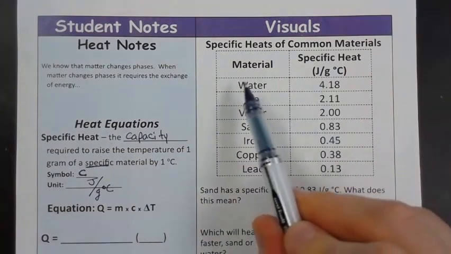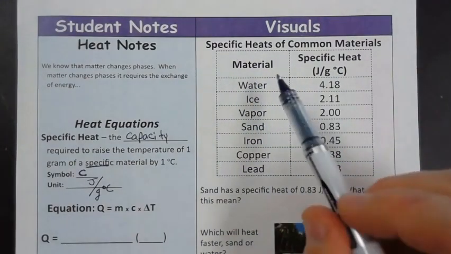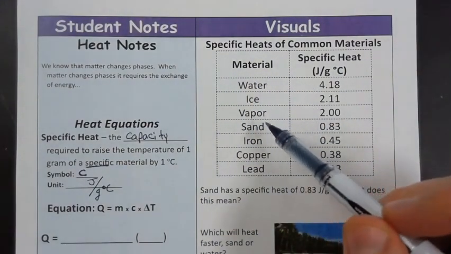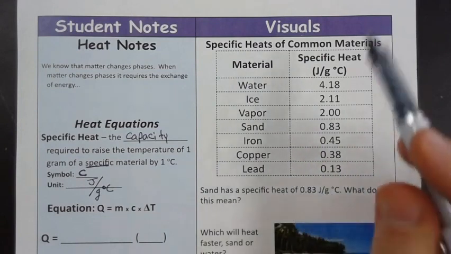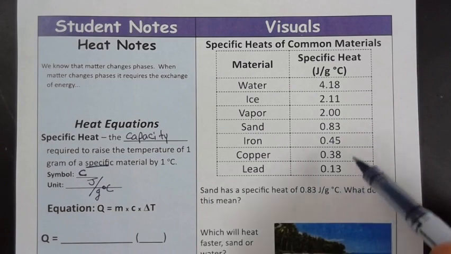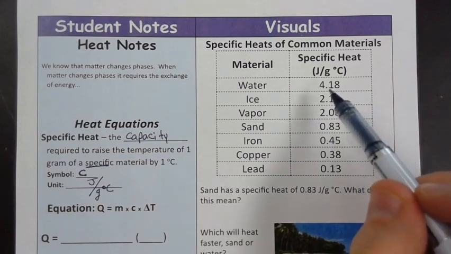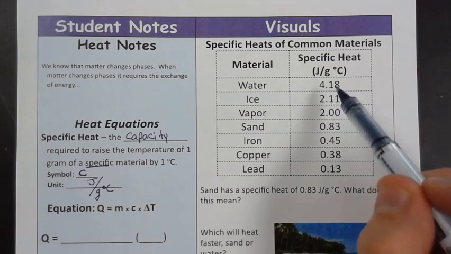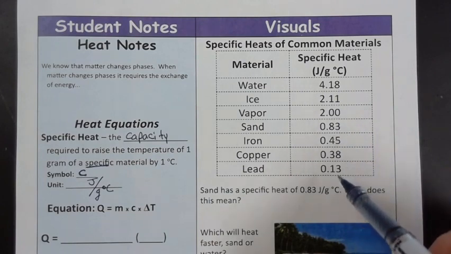So off to the right here, we've got a bunch of random materials: water, ice, water vapor, sand, iron, copper, and lead, and then the heat capacities that are connected to those materials. And so you notice that our heat capacities can be anything as great as around 4, and then even down into the decimal values of 0.13.